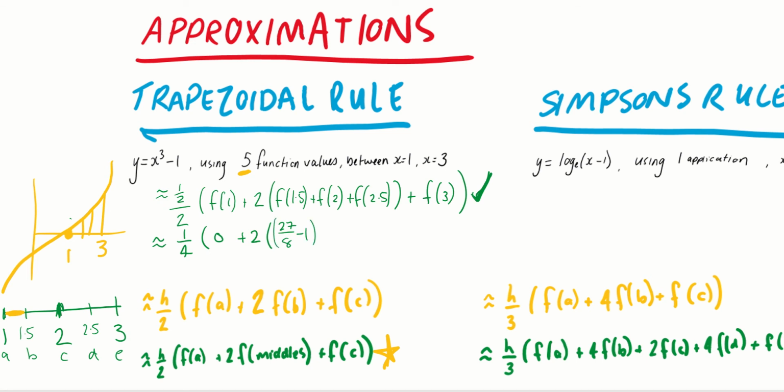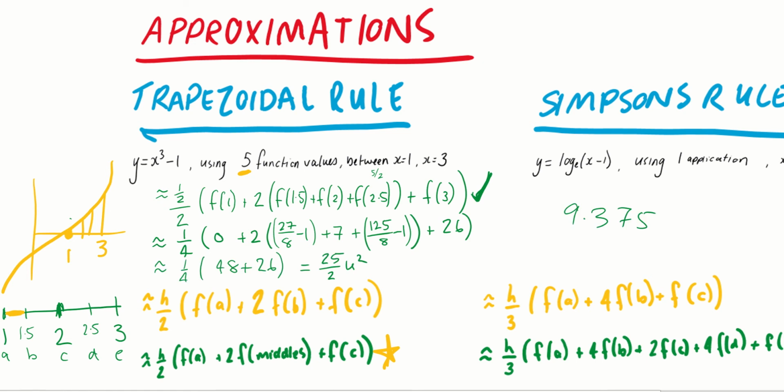F of 2 in there. So skipping ahead a little bit, without my calculator, I get these values. Now, just throw it in your calculator and you'll get your answer. And hopefully, if all my calculations are correct, I get 12.5 or 25 on 2 units squared.